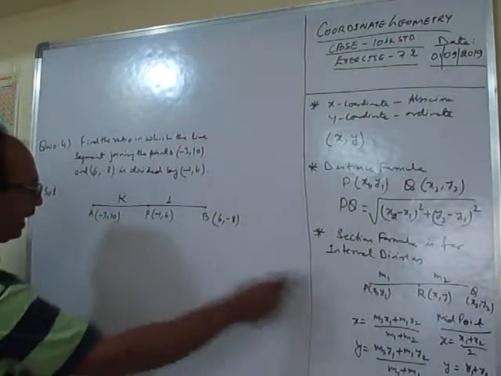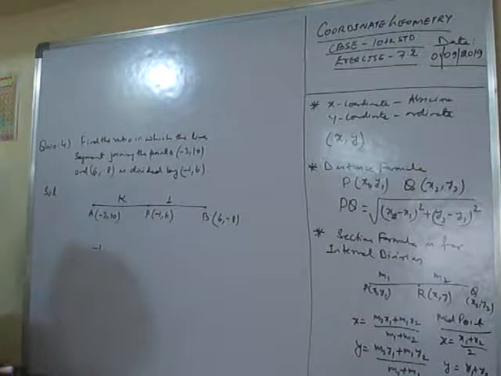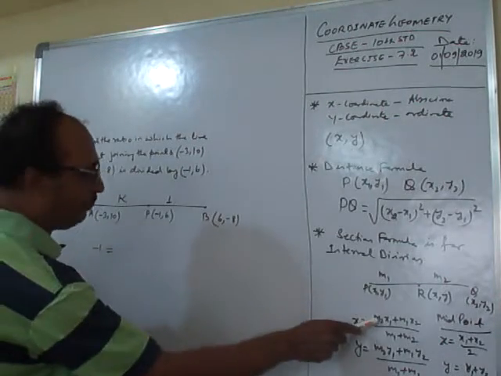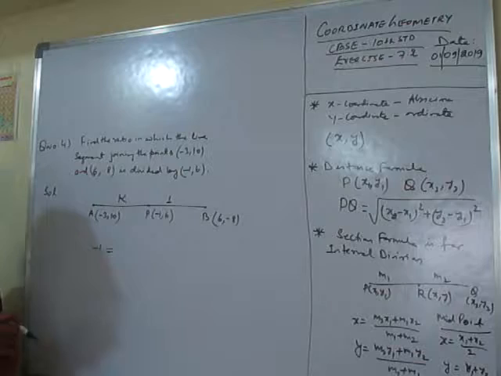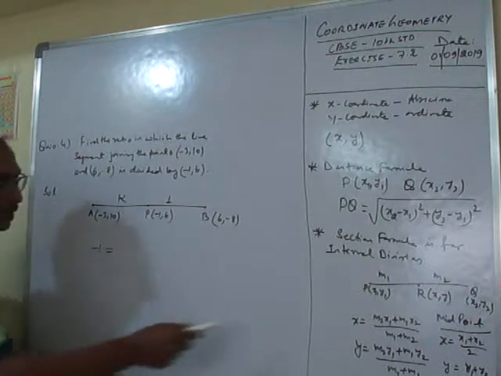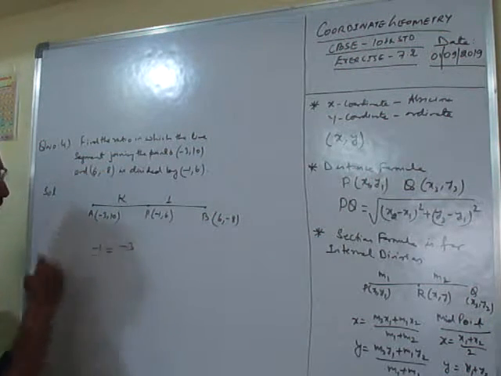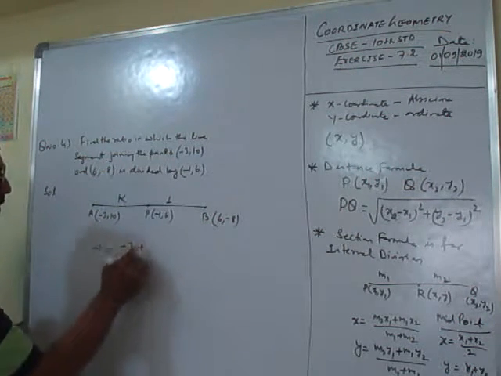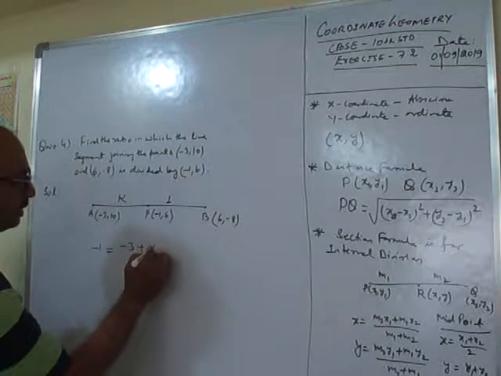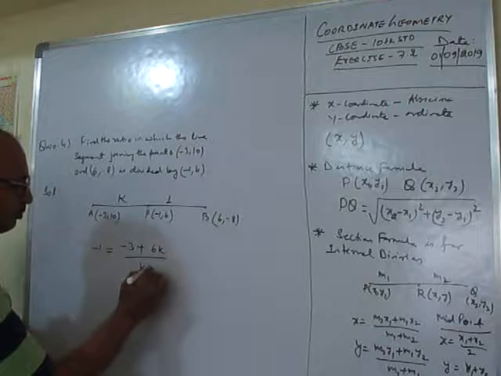In place of x, we can write -1. In place of m2 there will be 1, and in place of m1 we can use k. So m2 x1 means 1 into -3, so -3, plus k into 6, so 6k, divided by k plus 1.